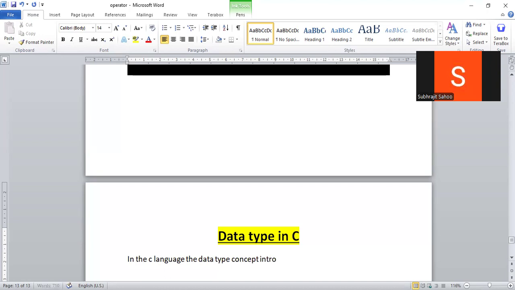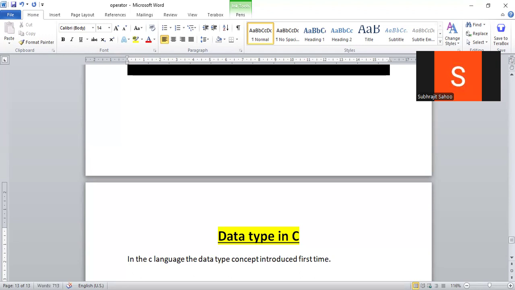Before that, whatever programming languages were available, in those programming languages the data type concept was not there. C is the first typed language. That means the data type concept is introduced. Okay, so this is one point here I have written.